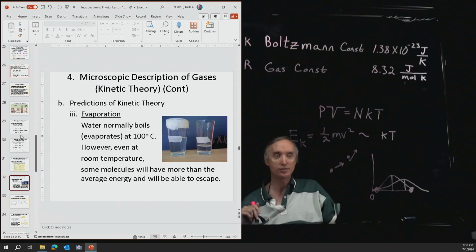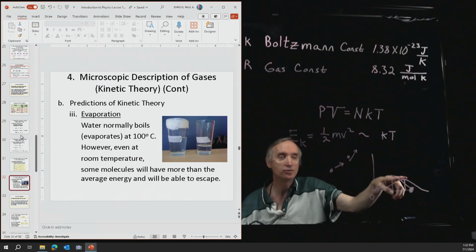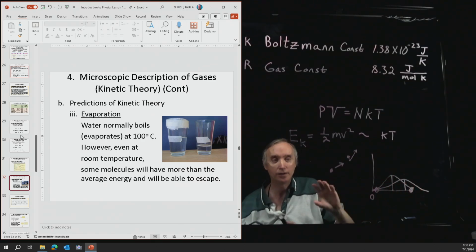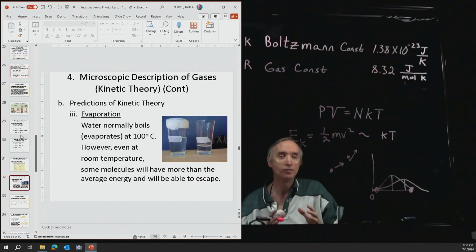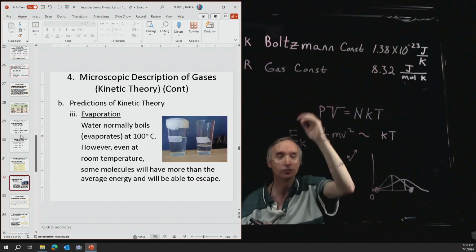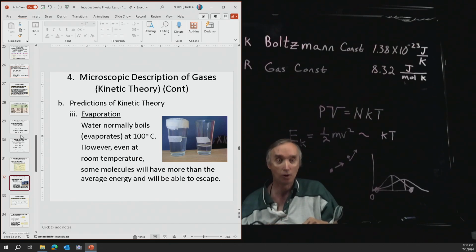So how is that possible? If you look at these distributions of speeds here, you will notice that even at a low temperature, there's always going to be a few molecules that are traveling very, very fast. And so they're going to be traveling so fast, they're going to be able to break free of the surface of the water.